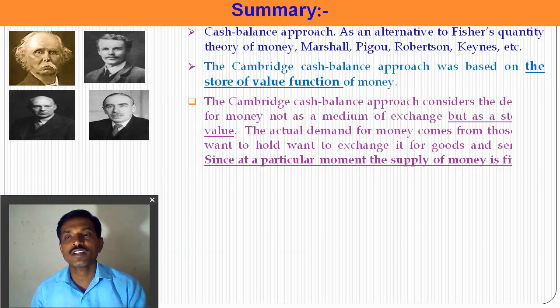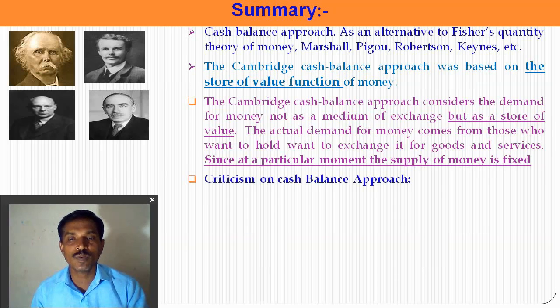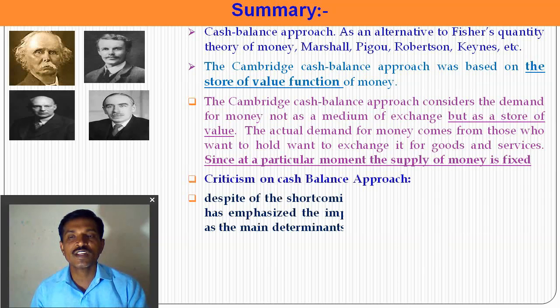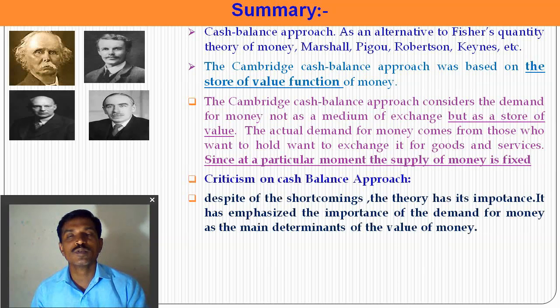It treats demand for money not as a medium of exchange but for store of value purposes. Actually, demand for money comes from those who want to exchange their goods and services. Since at a particular moment the supply of money is fixed, demand for money is important to decide the value of money. And there is some criticism of the cash balance approach given by economists.